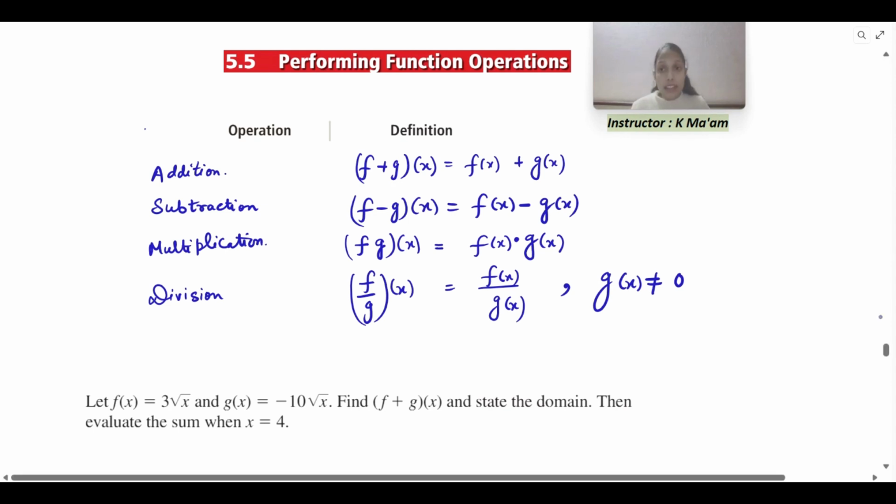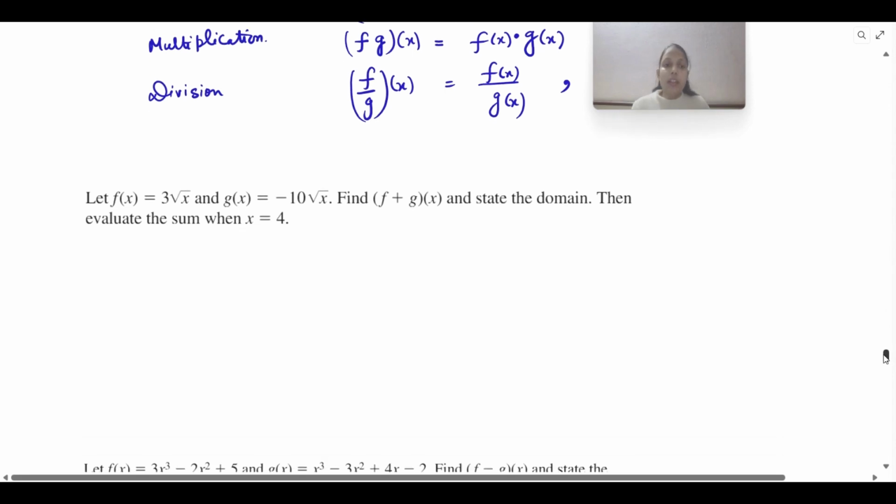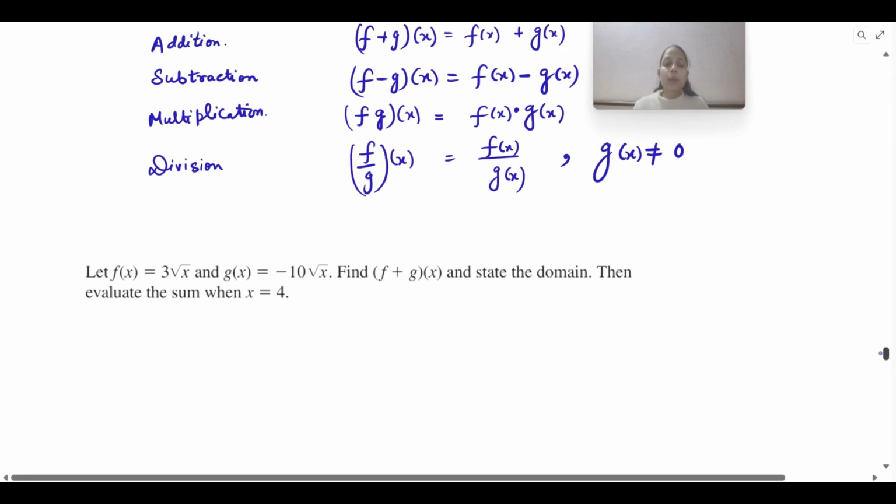We can start with the examples. The first example: f of x is equal to 3 square root x and g of x is minus 10 square root x. We have to find f plus g. From the definition of addition, we just learned f plus g of x can be written as f of x plus g of x.